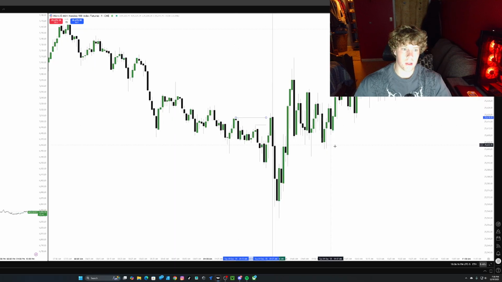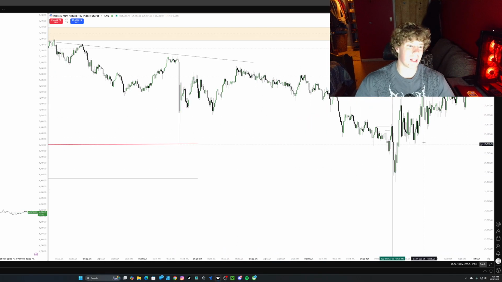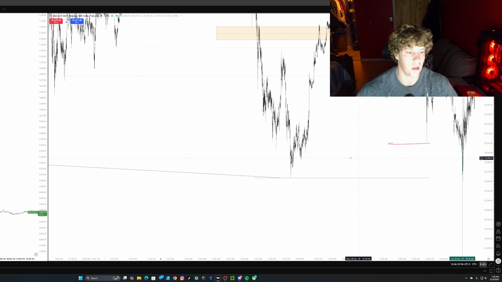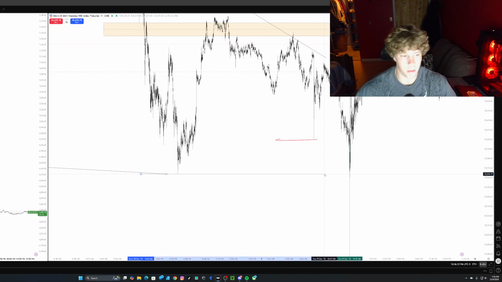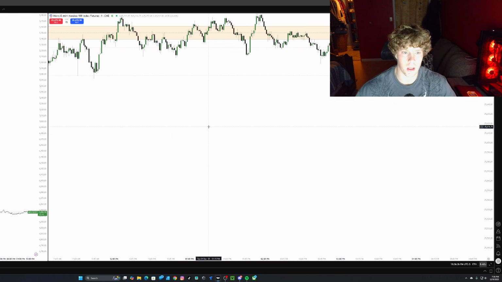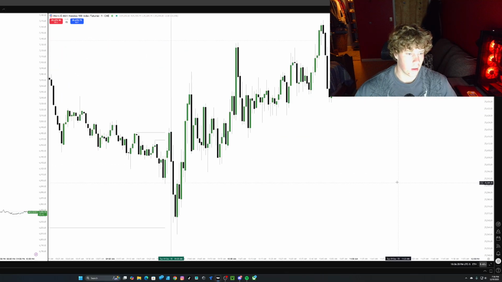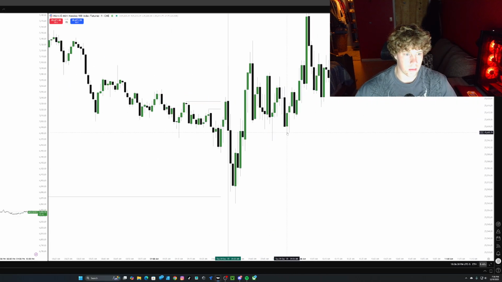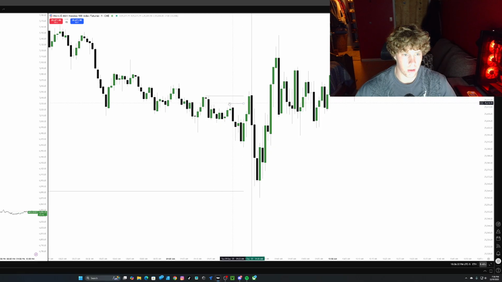And then since my overall bias was bullish on the day, I wanted to see this low get taken out if we were going to go higher, which did end up happening. But to get there, we took out these little minor buy side liquidity levels and then went lower.